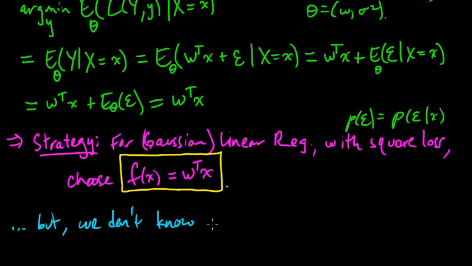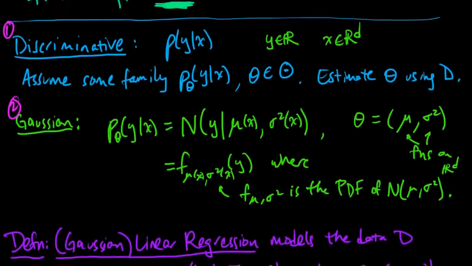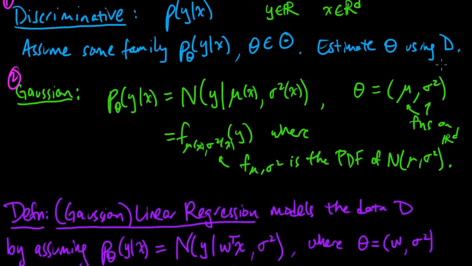We don't know the true theta. We don't know the true w. And that's where estimation techniques come in. I mentioned before, discriminative, estimate theta using d. So we still need to estimate theta. This step still needs to be done.